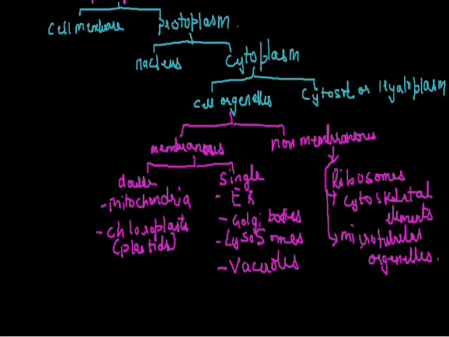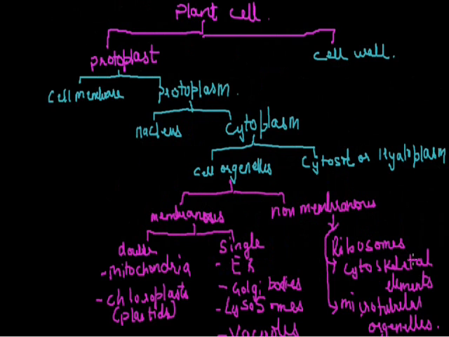So now we have a brief detail of the plant cell in front of us. The plant cell contains the protoplast and the cell wall. The protoplast may be divided into the cell membrane and the protoplasm. Leave alone the cell membrane, the protoplasm consists of the nucleus and the cytoplasm. The cytoplasm has cell organelles and cytosol in which the organelles are suspended. Cell organelles may be membranous or non-membranous. Talking about the membranous organelles, they may be double membrane or single membraned. And non-membranous are altogether different.